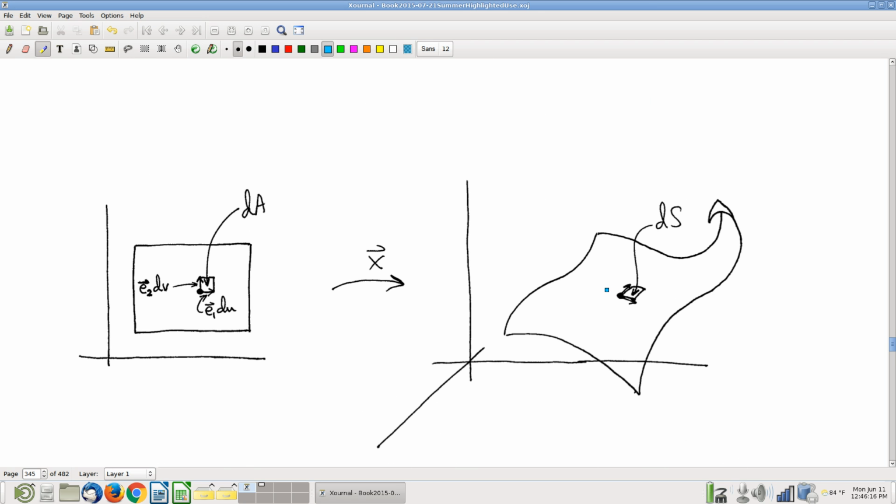Right? And how can I understand this parallelogram? Well, I'm going to first talk about the little edge vectors in here. Talk about that little vector defining the bottom edge of the rectangle, this little vector defining the left edge, and then I'm going to talk about their images.